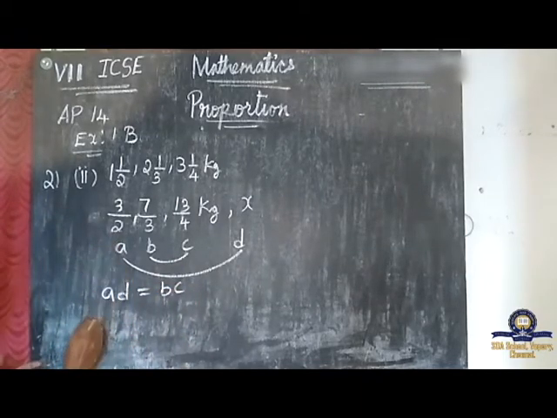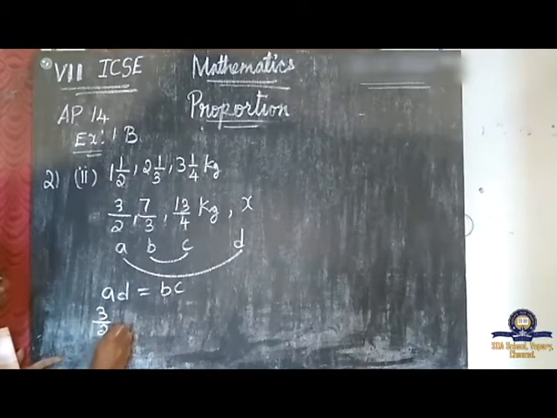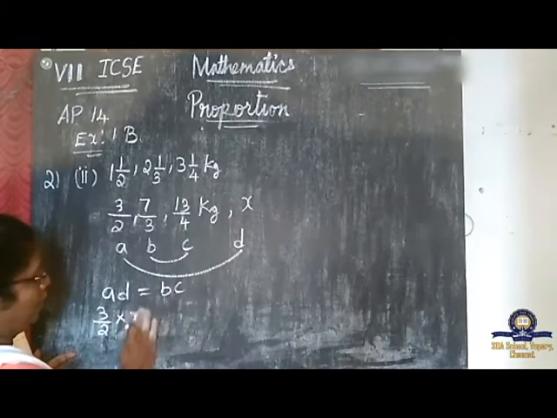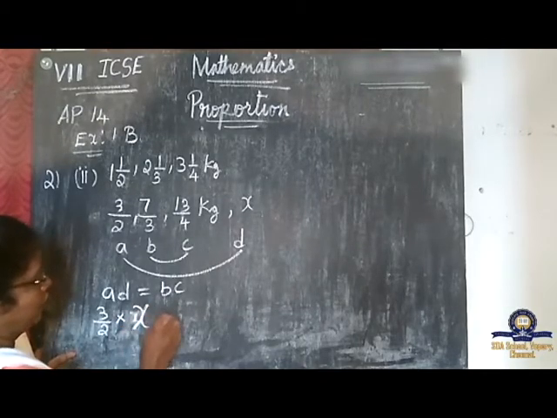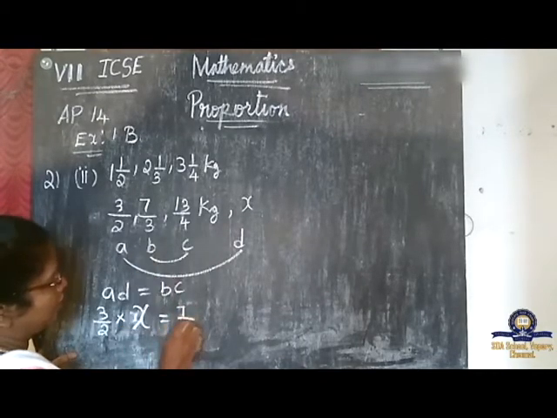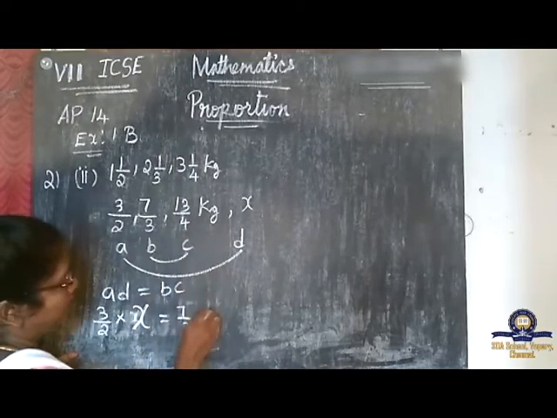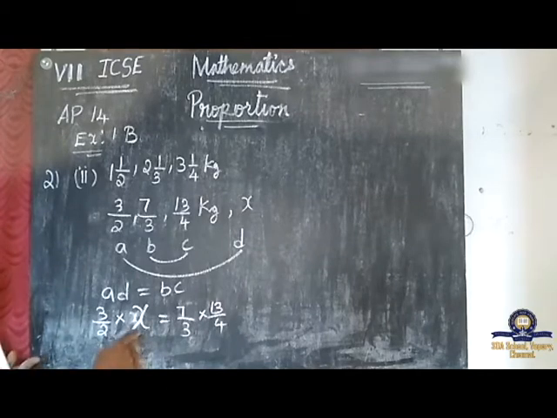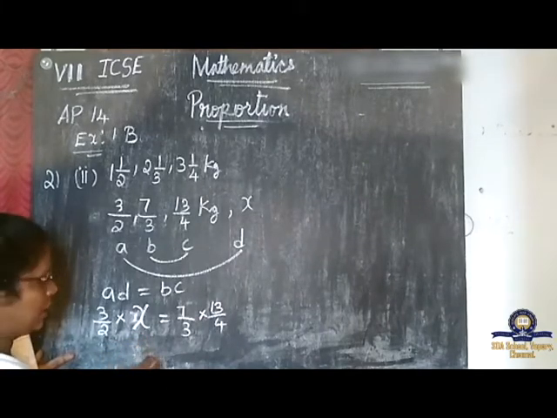What is A here? 3 by 2, into what is D here? X, we don't know. What is B here? 7 by 3. What is C? 13 by 4. Now I must find out the fourth proportional, that is X.